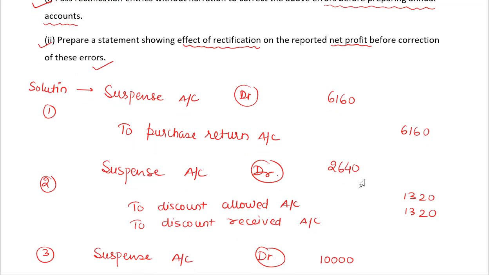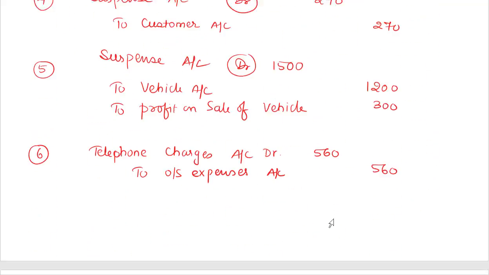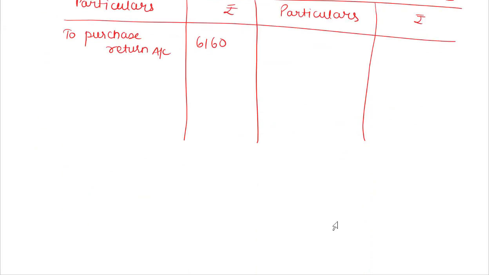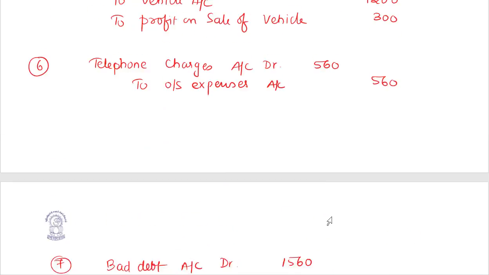Then suspense account, discount allowed, discount received 1320, 1320. To discount allowed, to discount received. Clear? Let's move ahead now.